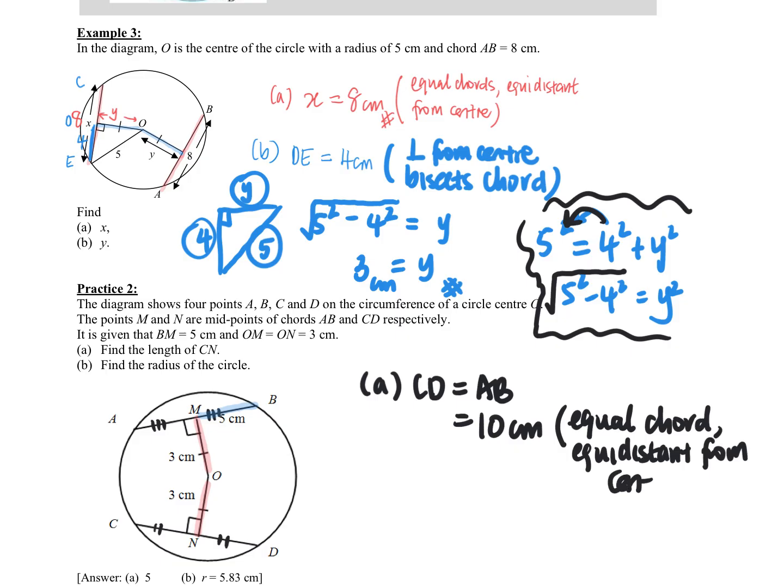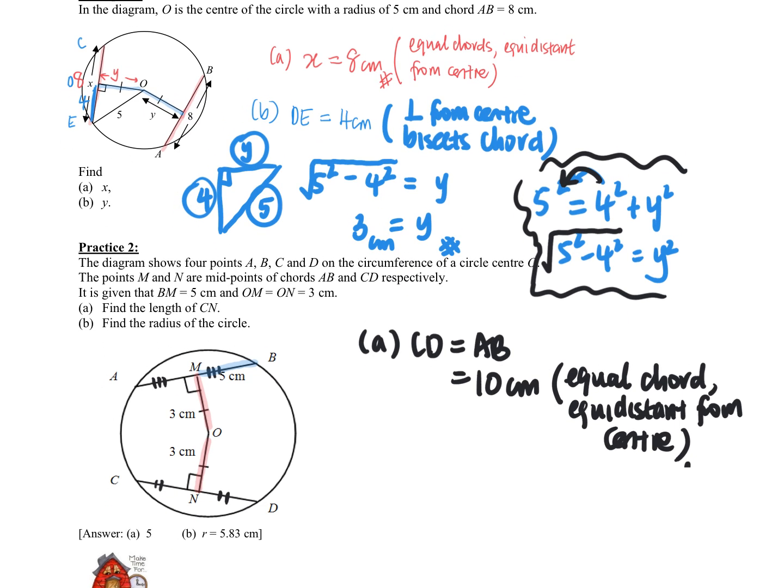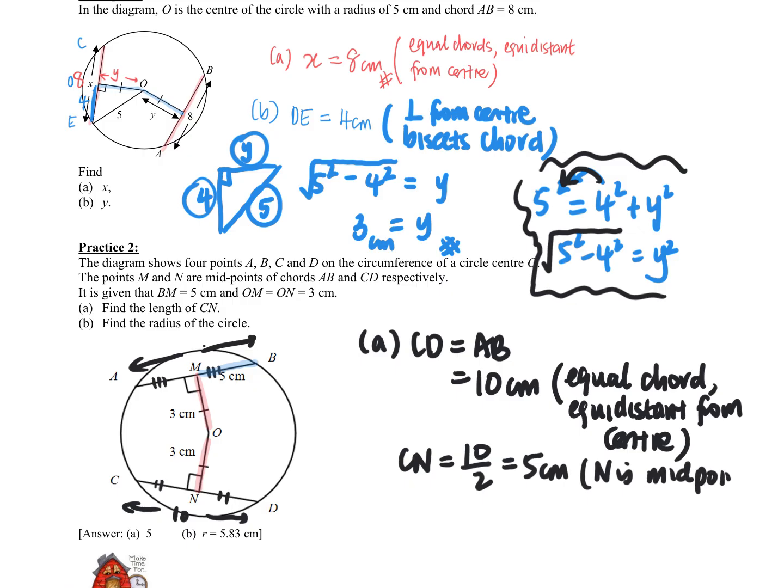So this is the first property that allows me to know that this whole thing is also 10. And then why is it half? You can either use property 2, or to make it easier for you, you just tell me it is midpoint. Okay, N is midpoint of CD.